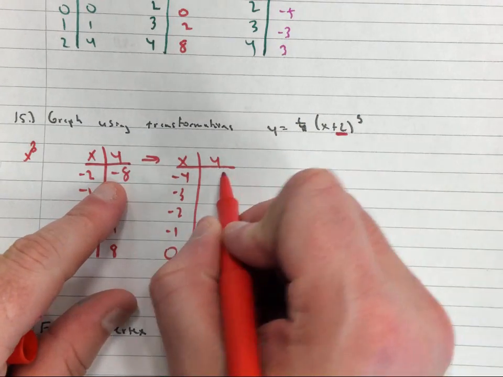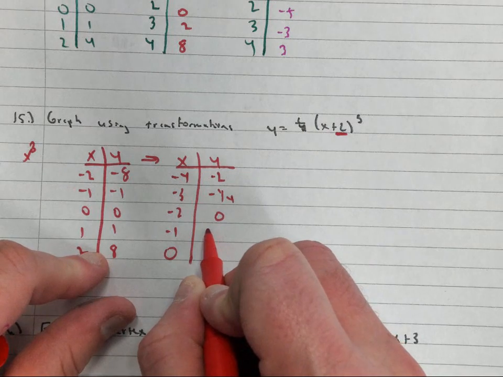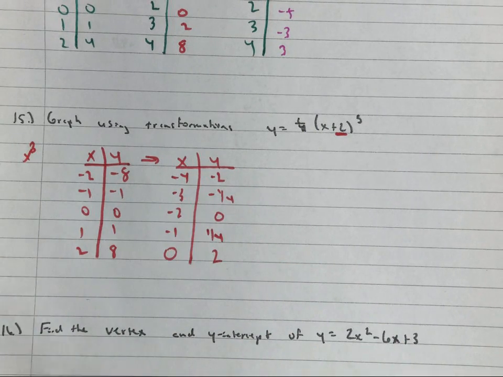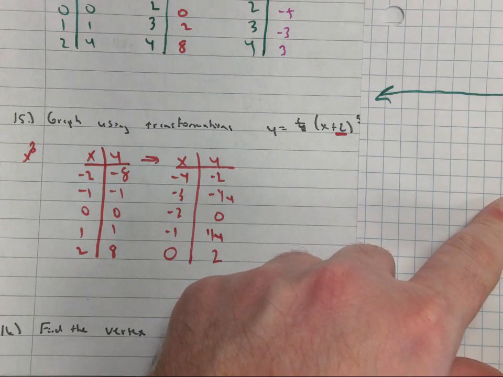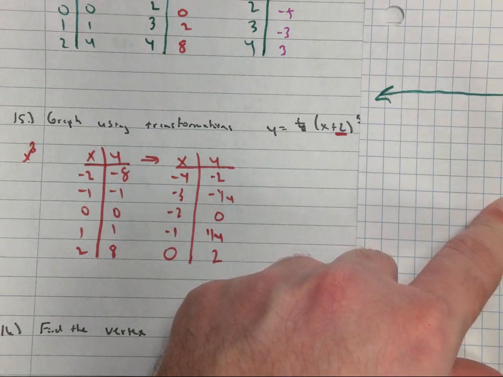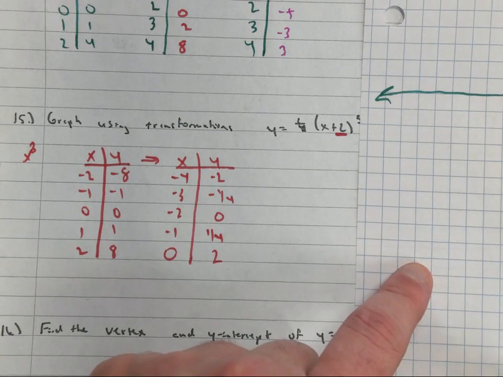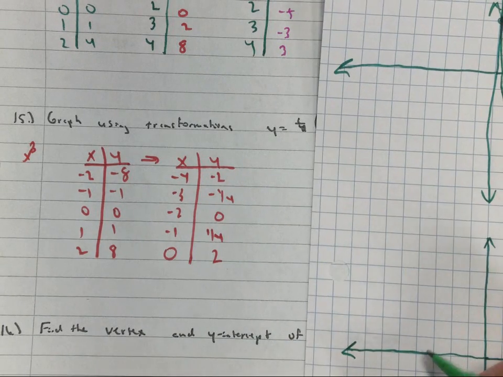So negative 8 times 1/4 is negative 2. Negative 1/4, 0, 1/4, and then 2. And you're going to graph those ordered pairs. So negative 4, 2, 1, 2, 3, 4.